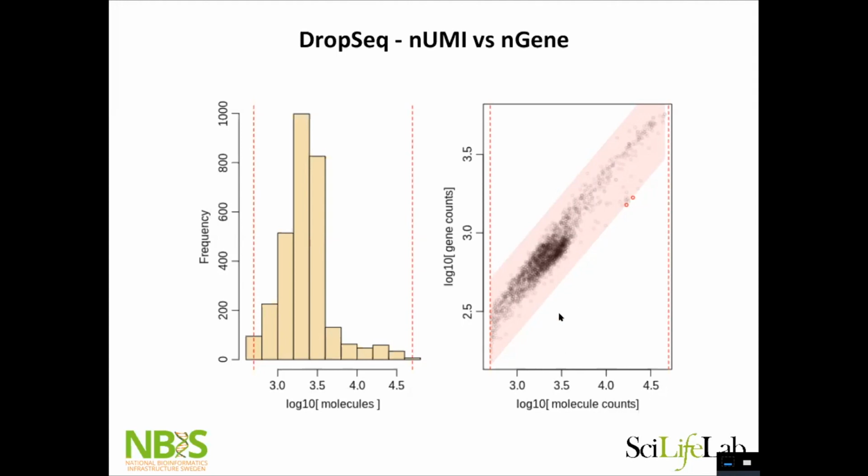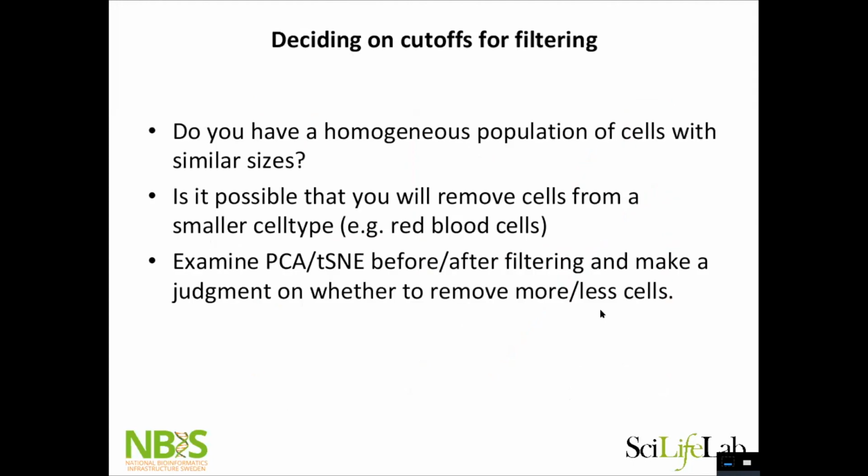These are commonly removed also. So there is, as I said, not one easy way to filter. You have to know your data. You have to know how heterogeneous, what kind of cell types, cell sizes you expect from your data set, and look at that when you apply filtering.